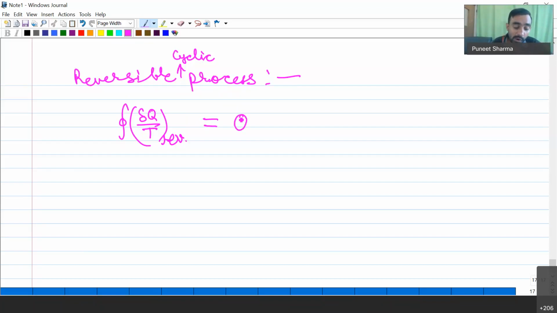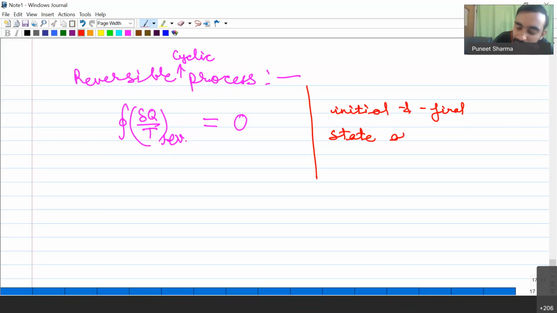Now one very, very important point I would like to highlight over here. We know from our earlier knowledge that for a cyclic process, the initial and final states are exactly the same. So if the initial and final states are the same, then what will be happening?